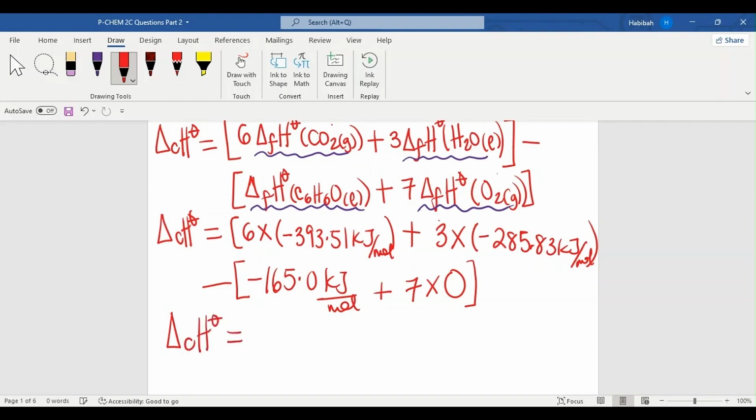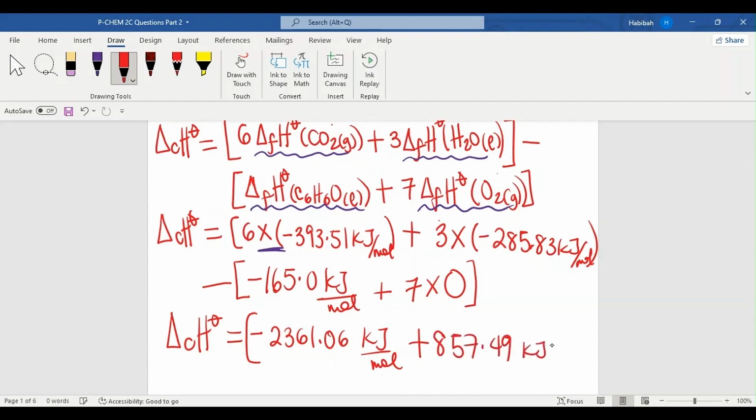So 6 times negative 393.51 is negative 2361.06 kilojoule per mole, plus the other product, 3 times negative 285.83 kilojoule per mole, which is going to give us negative 857.49 kilojoule per mole. Okay, so that's it.